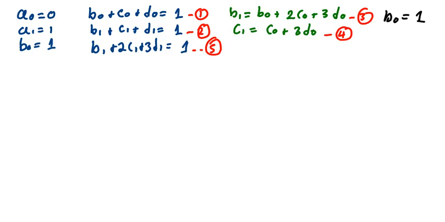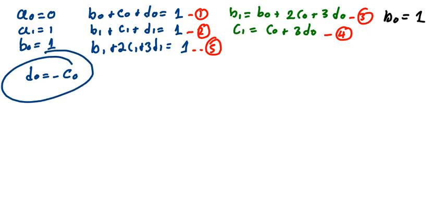Okay, so if I plug in a 1 there, it simply means, what does this tell me? This tells me to say my d naught will be equals to minus c naught. When you plug in 1 here, you will subtract on both sides. It will be c naught plus d naught is equals to 0. So I've just made d naught the subject of the formula. I have it is equals to minus c naught.